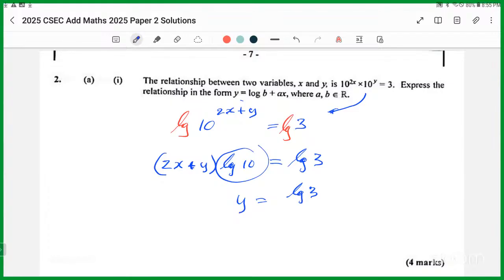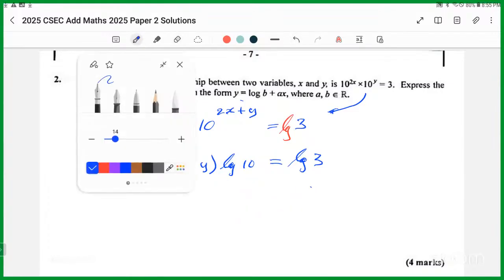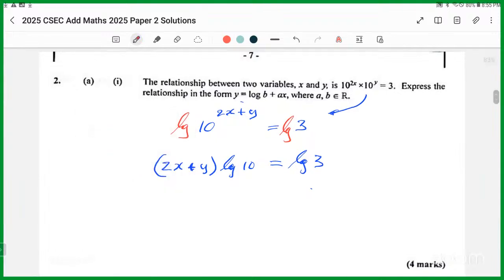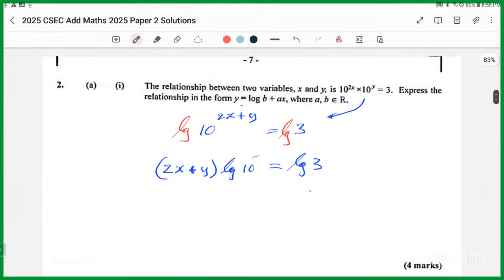Oh, but log of 10 is 1. Wow, log of 10 is just 1. So I'm really left with 2x plus y equals the log of 3. So I can just transpose it to x now, and so y becomes the log of 3 minus 2x.